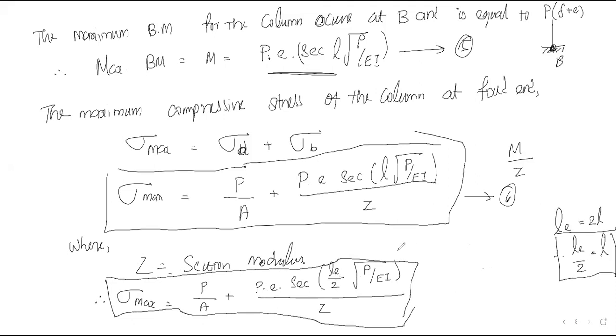Here LE is the effective length of the column, so based on our end conditions, you use the effective length here. Please remember this formula. This is the formula we use to calculate the Euler's load for eccentric column load conditions.